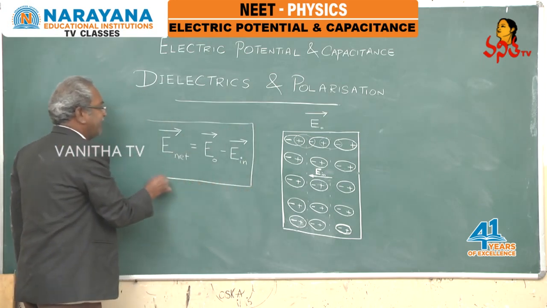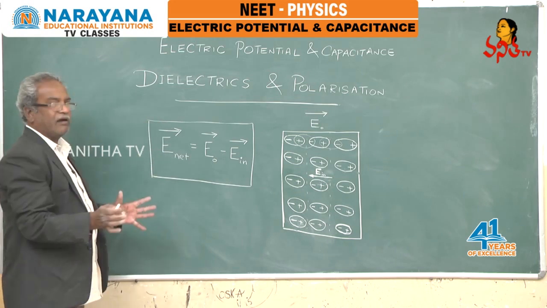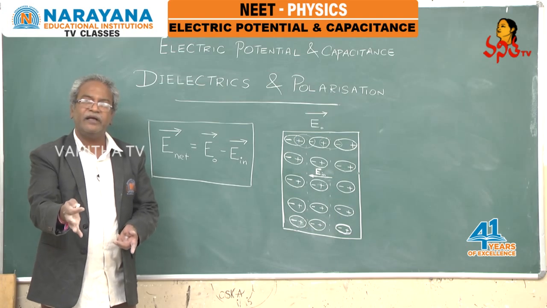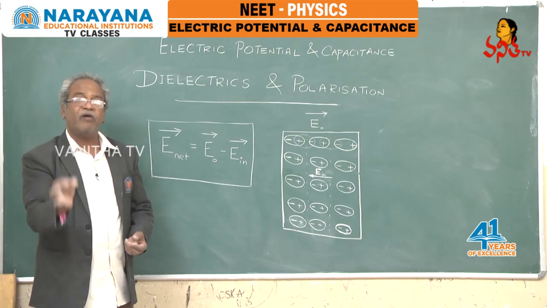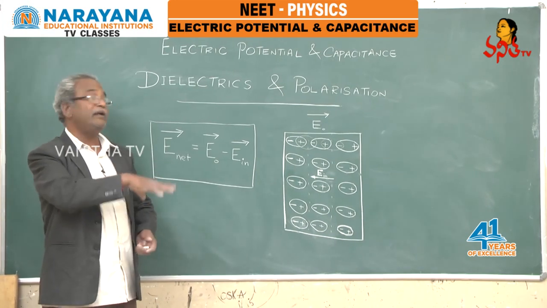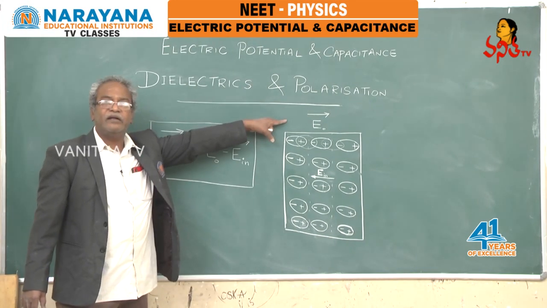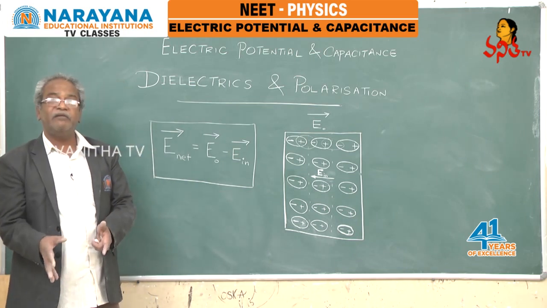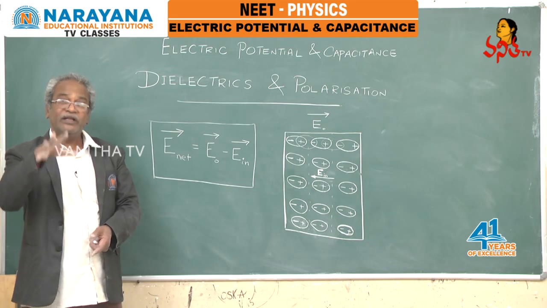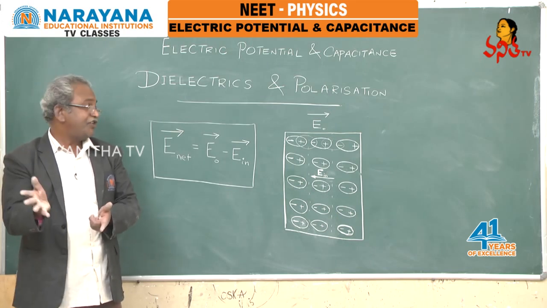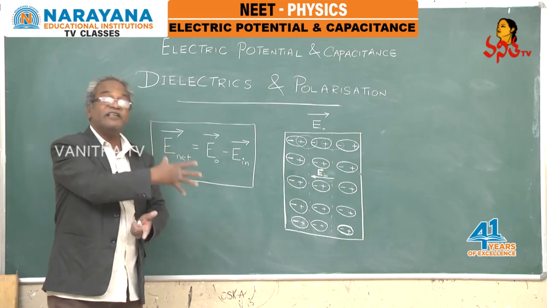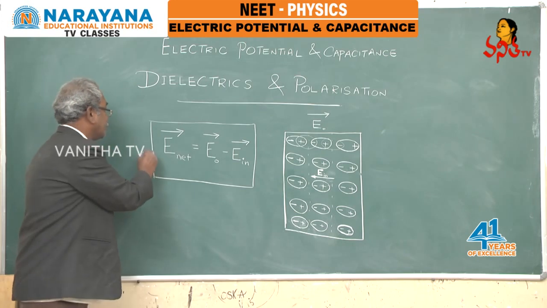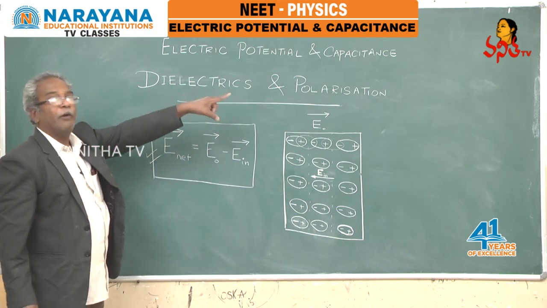So the final effect of placing a dielectric medium in an external electric field is that some electric field is induced inside the material opposite to the external electric intensity, so that the net electric intensity inside the dielectric medium is reduced. That is the difference between a conductor and a dielectric placed in an external field. So that is regarding dielectrics and polarization.